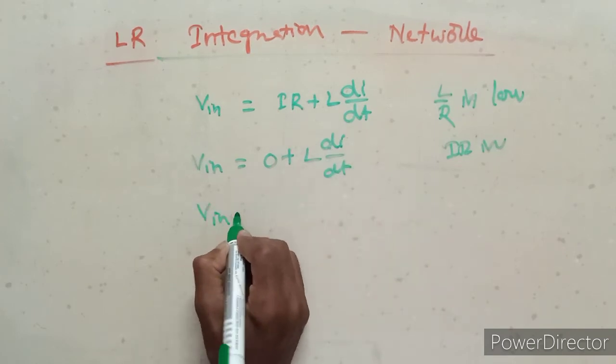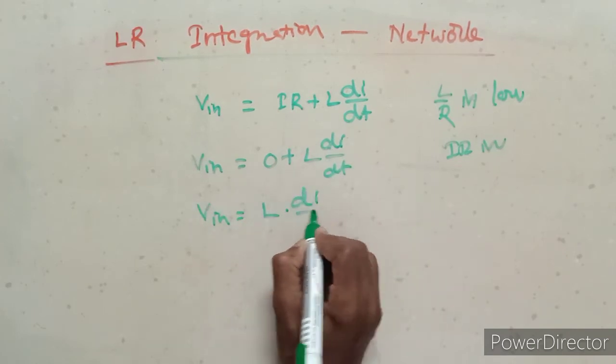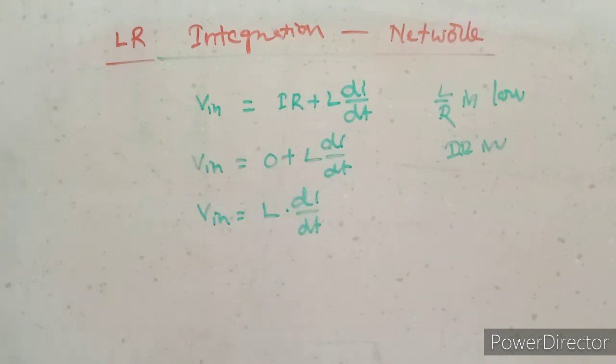So the input voltage equals L di upon dt.